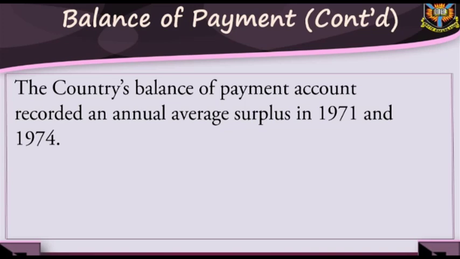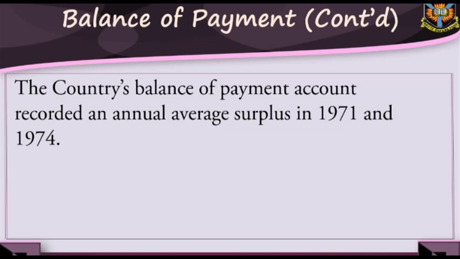The country's balance of payments account recorded an annual average surplus between 1971 and 1974. The substantial surplus recorded during the period may be linked to the massive inflow of petrodollars during the positive oil shock experienced by major oil exporters, including Nigeria, at that time.